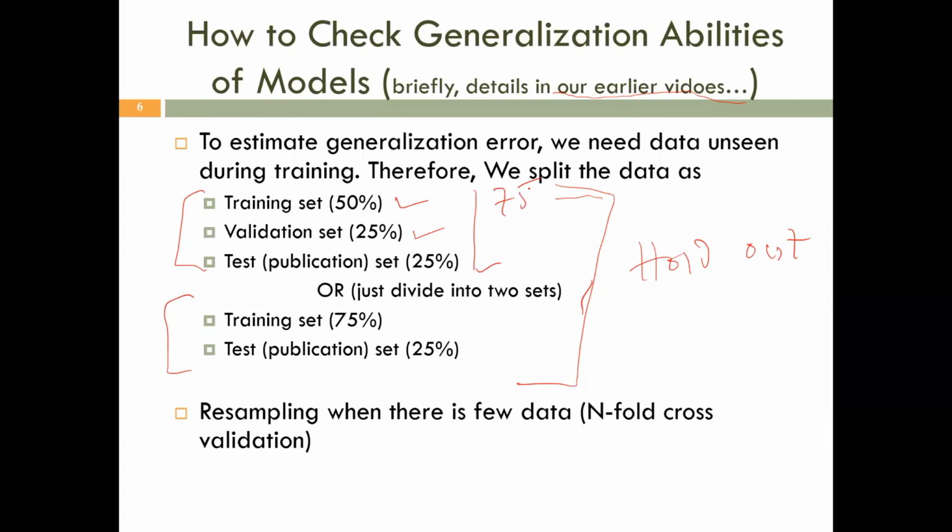You can use, for example, 75% for training, 15% for validation, and another 15% for final testing. Some people call it publication testing. So either you use this or that, you are okay. These two are referred to as the holdout method.